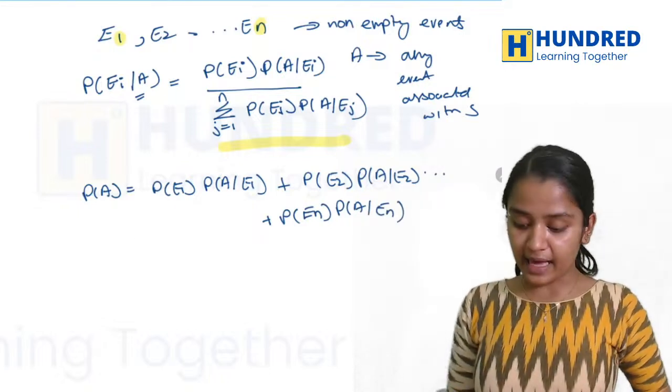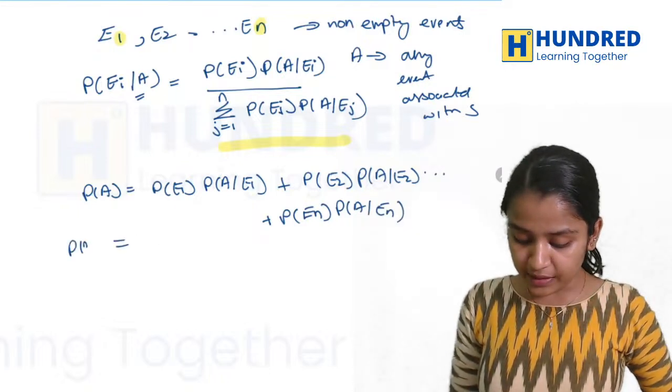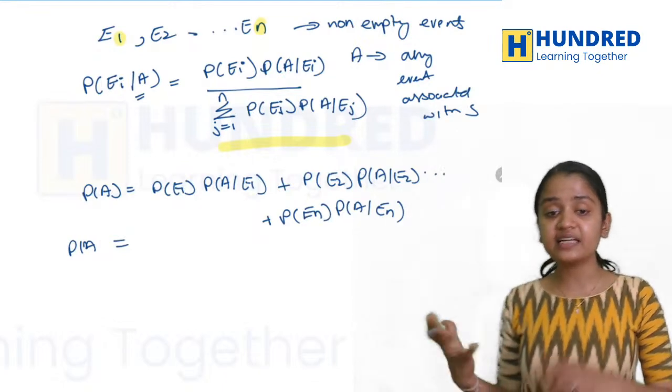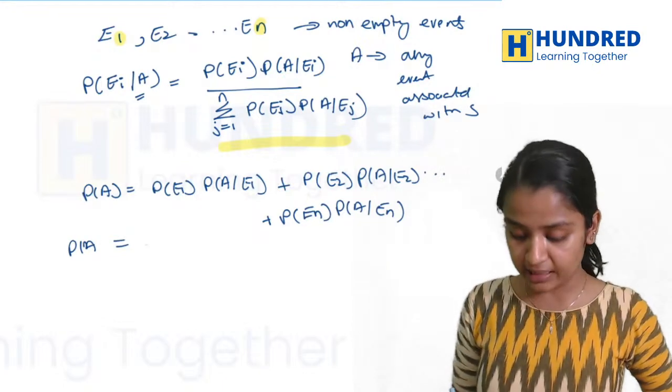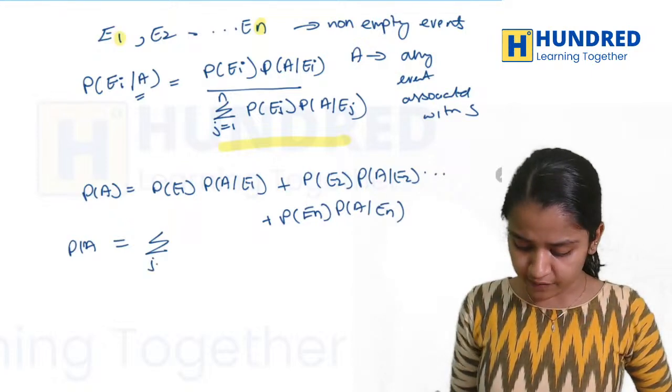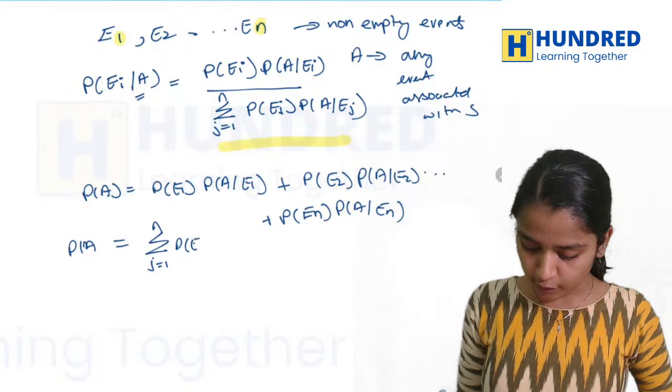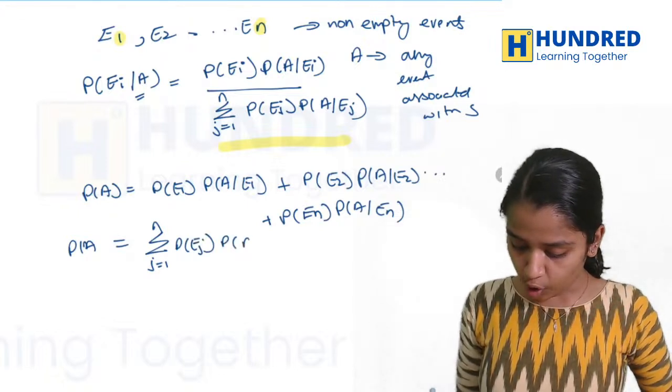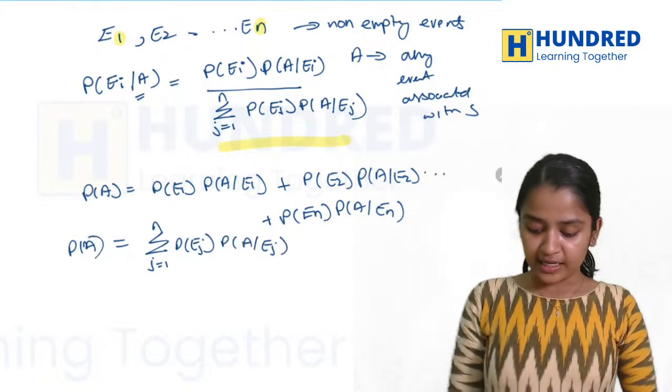So P of A, any event associated with the sample space, is the summation over j equal to 1 to n of P of Ej P of A by Ej. This is P of A.